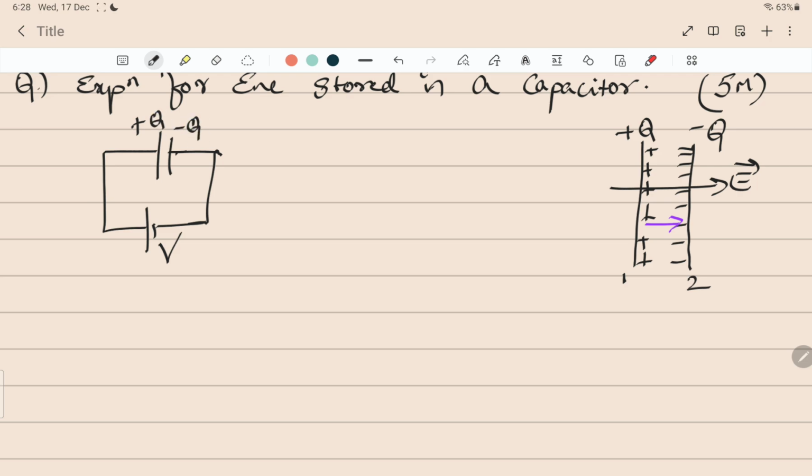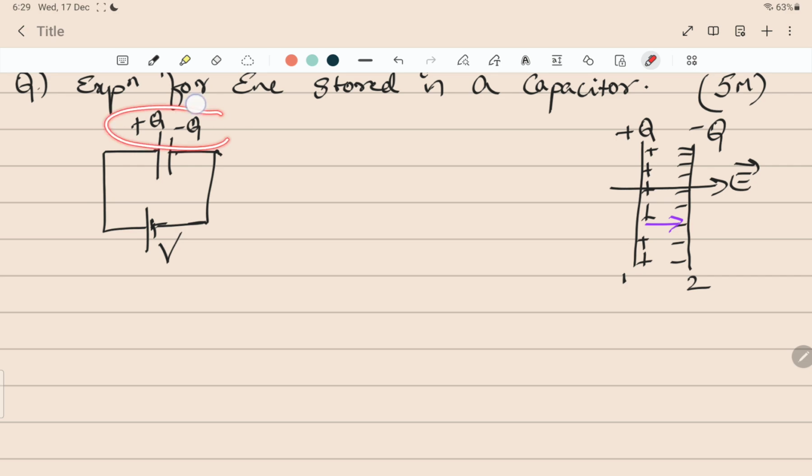So the uncharged capacitor, when connected to a battery of potential V volts, gets charged to plus Q and minus Q. As soon as we connect the battery, after some time this is the charge acquired.